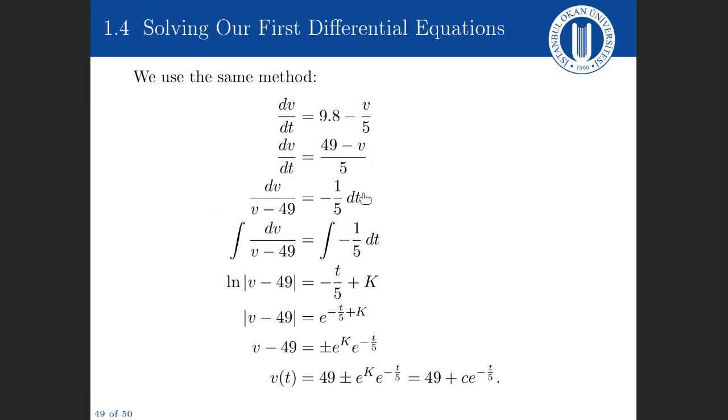So now all of the v terms are on the left and all of the t terms are on the right. If we can do this, and only if we can do this, we're allowed to integrate both sides. The left side becomes the natural logarithm of the absolute value of v minus 49, and the right-hand side becomes minus t over 5 plus k.